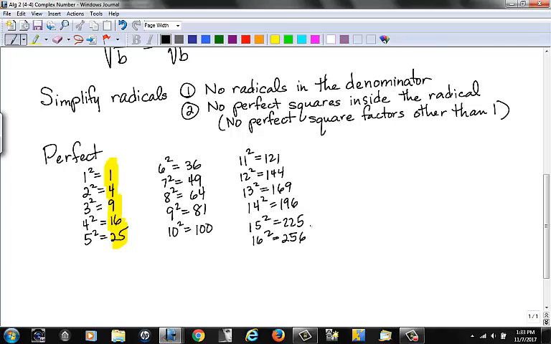Okay, so those are perfect squares. So when you go to simplify your radical, you're looking for those numbers inside to try to simplify.